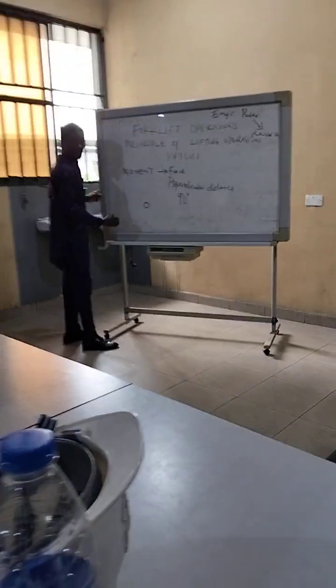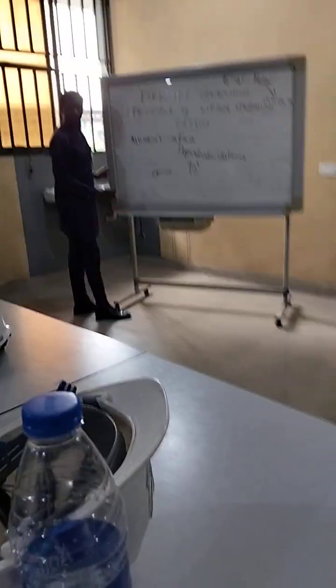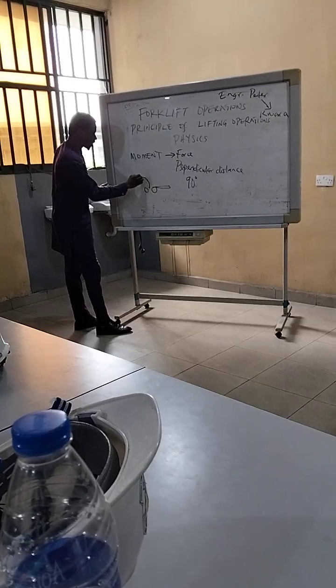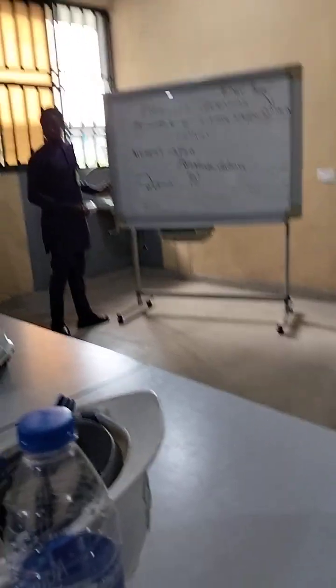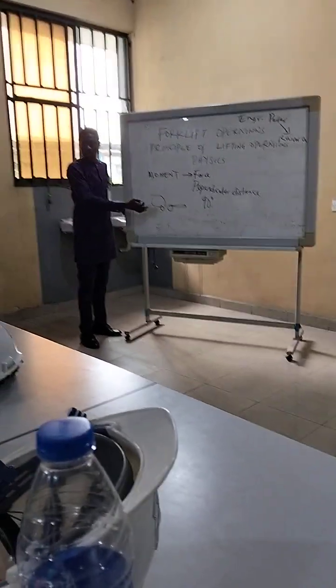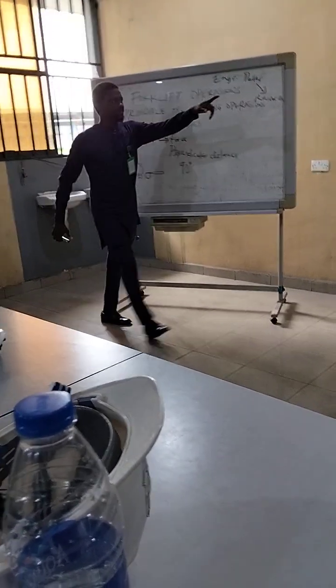Now this is how your forklift works. You know your forklift has tires, right? And then it has the fork at the front, right? Then it has the back tire. Then there's what we call the counterweight. The counterweight is usually made of cast iron. The essence of the counterweight is that, okay, look at it now.